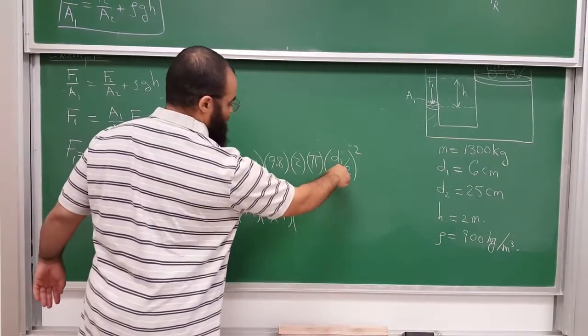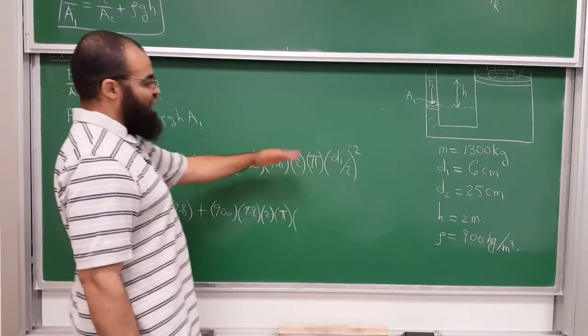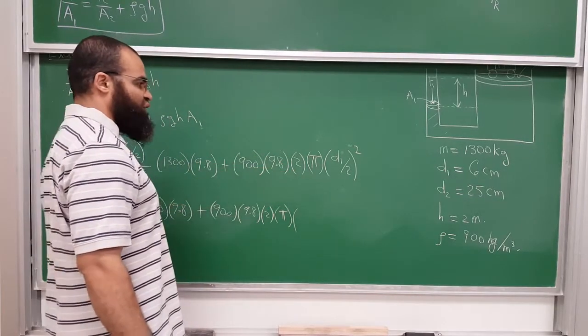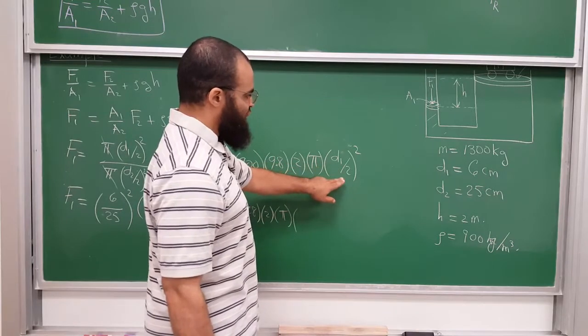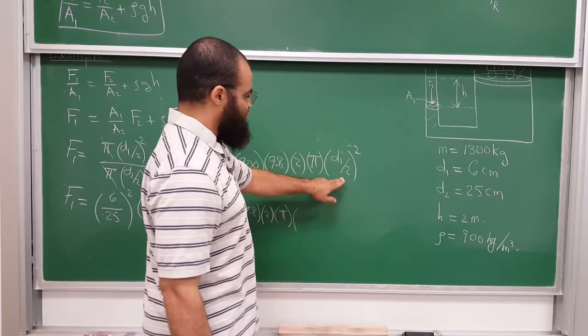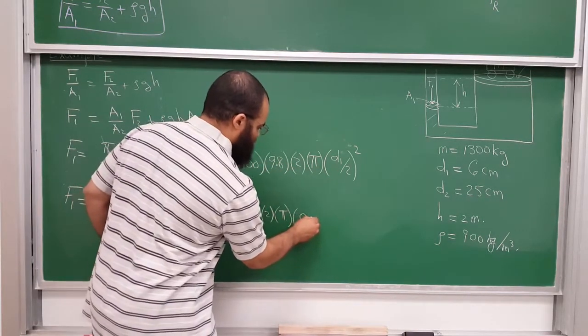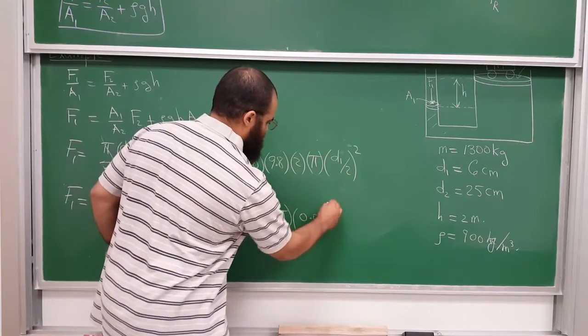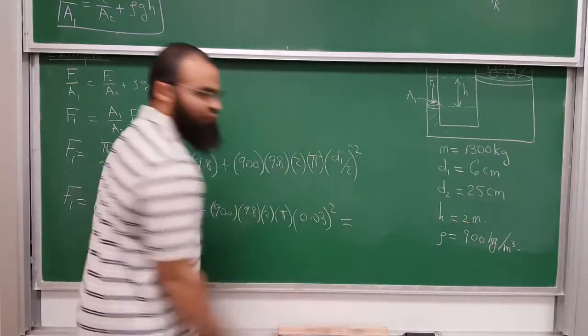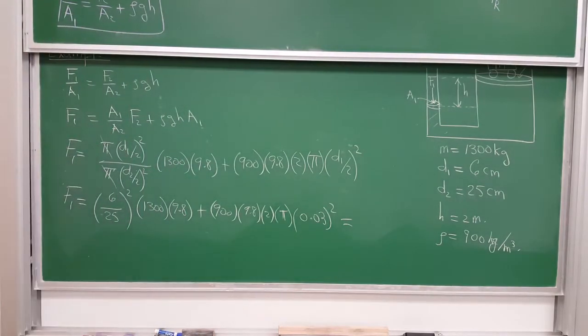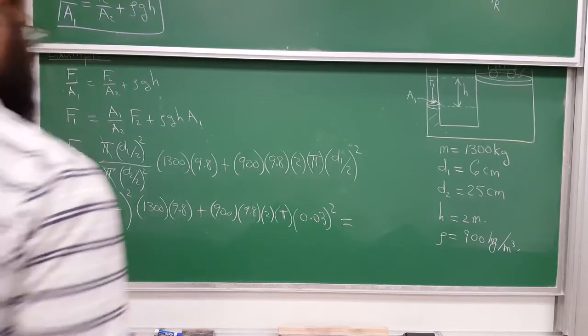And then here I have to change, because I don't have diameter over diameter. I have to change it to meters. Diameter 1 is 6 centimeters divided by 2, that's 3 centimeters, so that's 0.03 meters, and you square it. And this gives us a force of, let me just check the answer. You get 782 newtons.